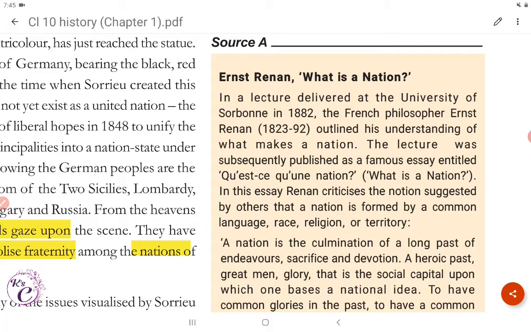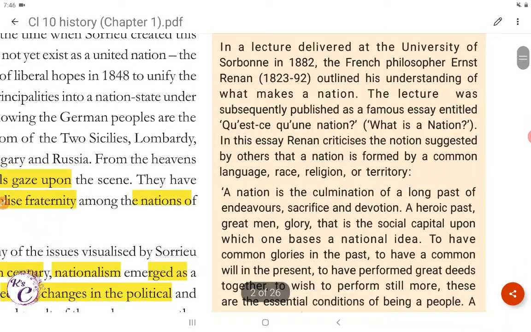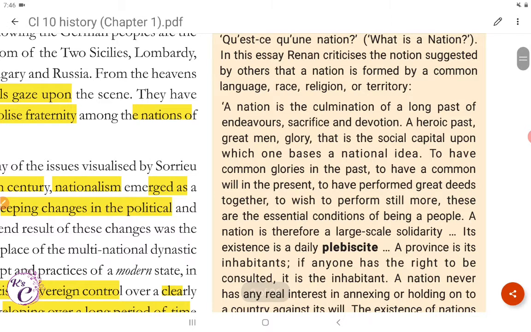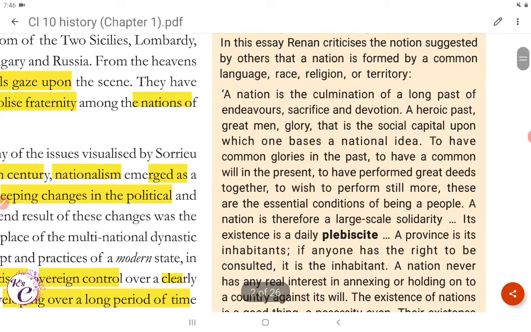The lecture was subsequently published as a famous essay entitled Qu'est-ce qu'une nation? What is a nation? In this essay, Renan criticizes the notion suggested by others that a nation is formed by a common language, race, religion, or territory.